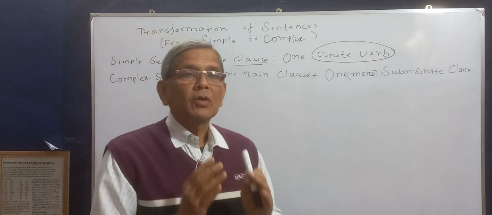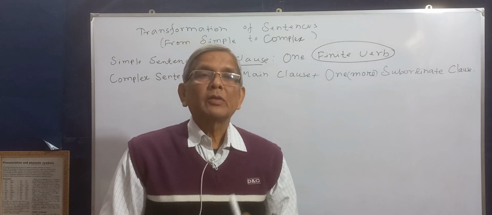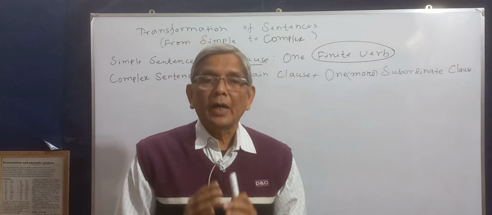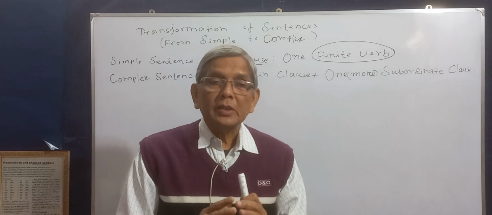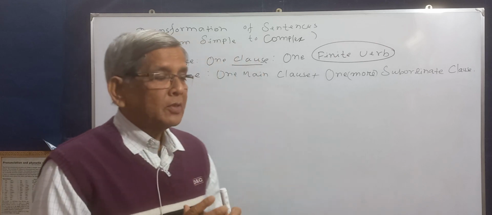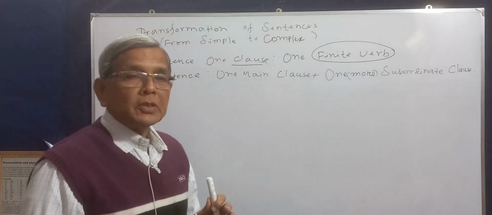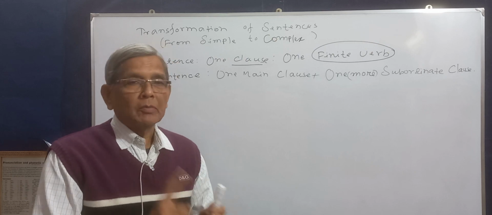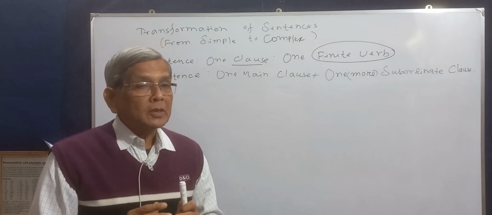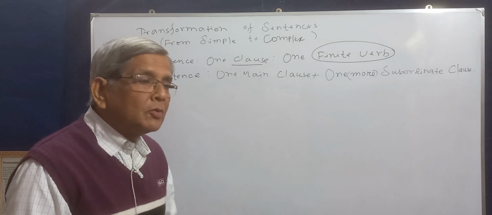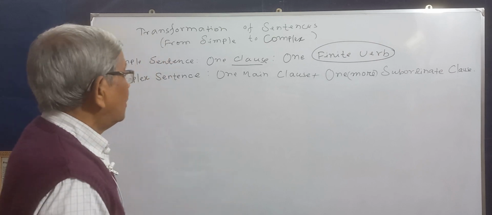If a verb is not a finite one, it cannot express any clear and complete idea. But to be used as a finite verb, a verb must have three features. Without any one of them, the verb cannot be used as a finite verb, so it cannot make a clause or a sentence.